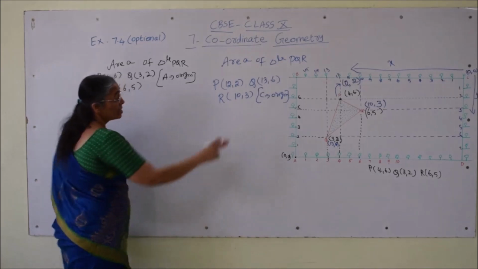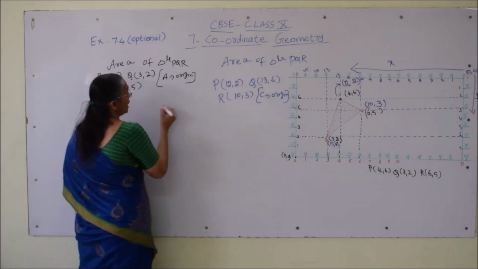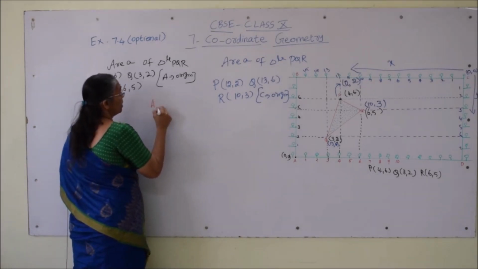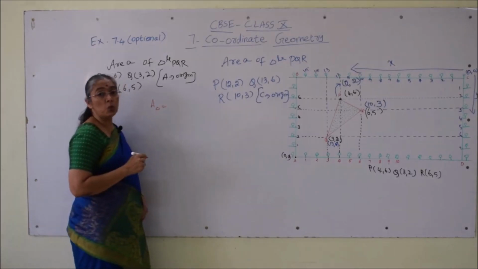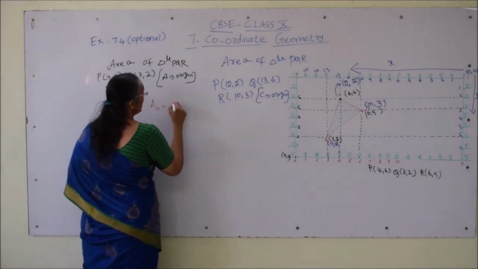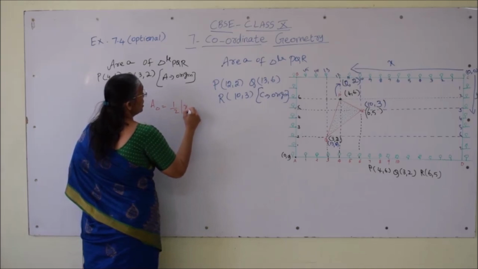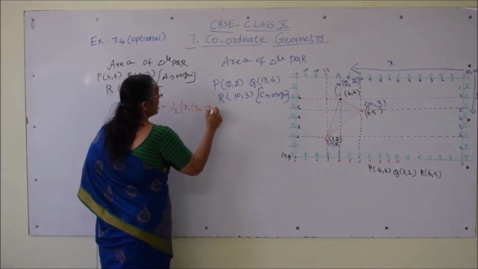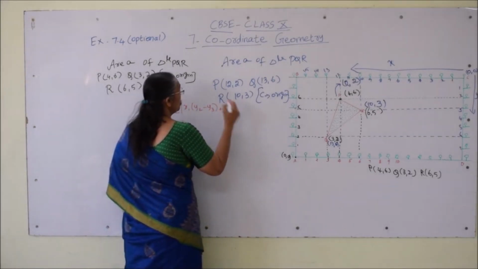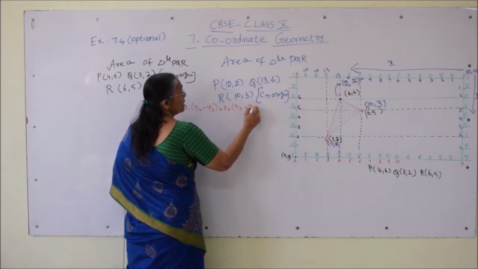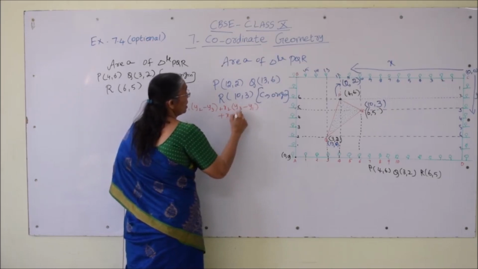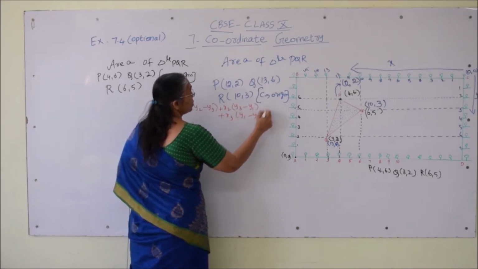The vertices changed. Now we know the area of triangle formula: when x1, y1, x2, y2 and x3, y3 are the vertices, it is half mod x1 of y2 minus y3 plus x2 of y3 minus y1 plus x3 of y1 minus y2.